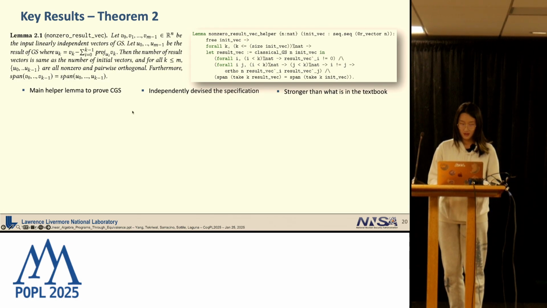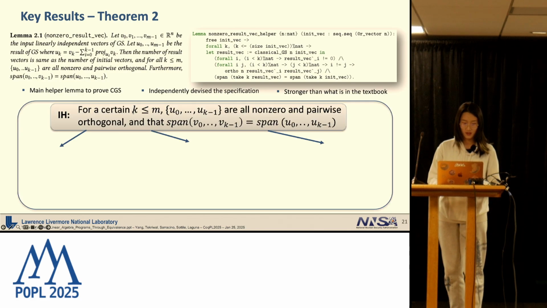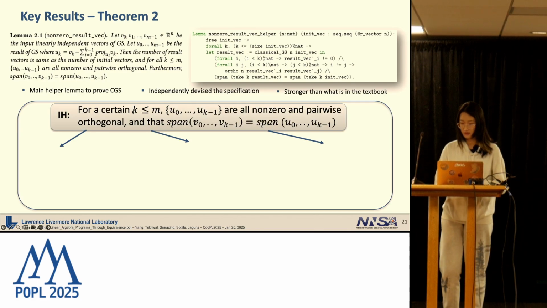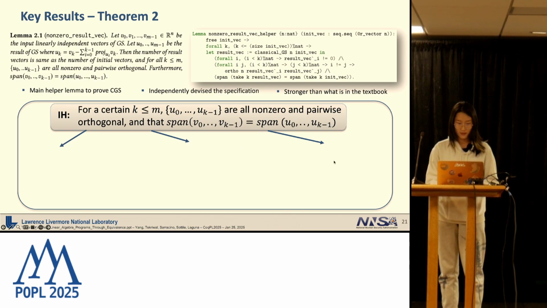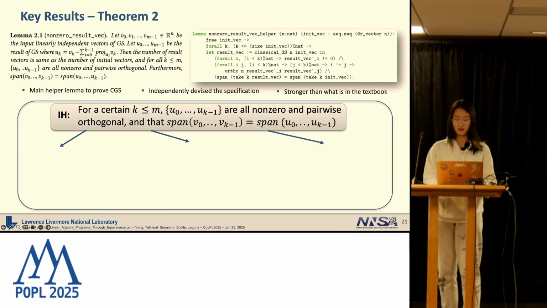proof. And the inductive hypothesis of this proof would be that we assume for a certain k that the first k of all the u's holds for these properties. And then for the inductive step, we want to prove that it holds for k plus 1 as well.